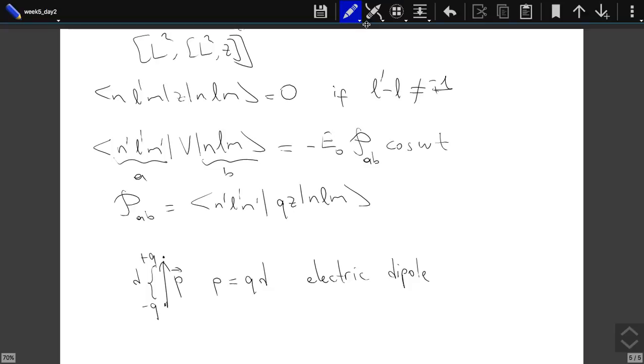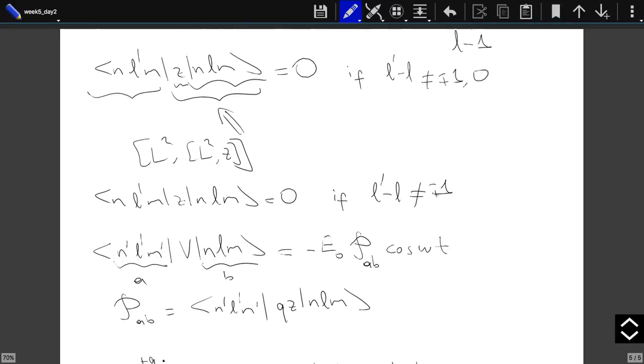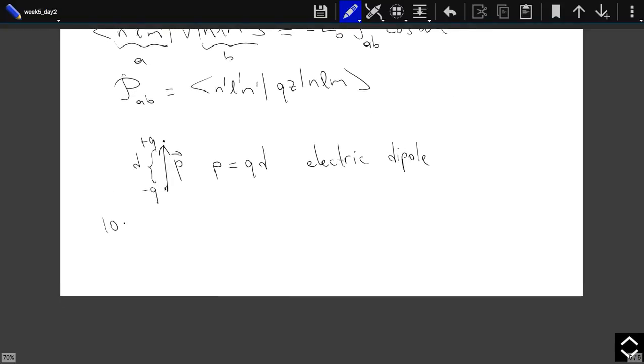Now, let's continue with this stimulated emission and absorption. So now we have this system. If we take the ground state, then the ground state can only be excited into the 1,1,0 state. So these are just two systems.